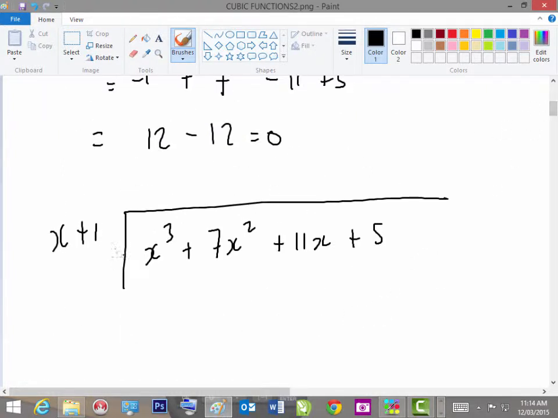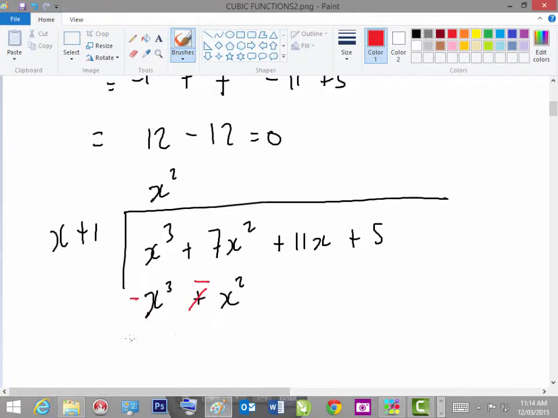So again, I ask, okay, what do I multiply the x by to get x cubed? x squared. So x squared times x is x cubed, and x squared times 1 would be x squared. I change the signs.